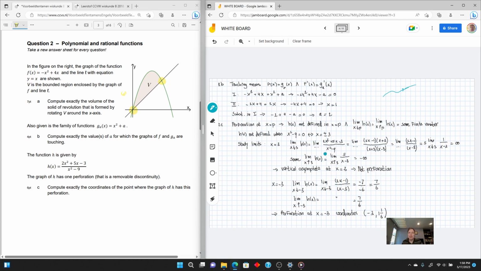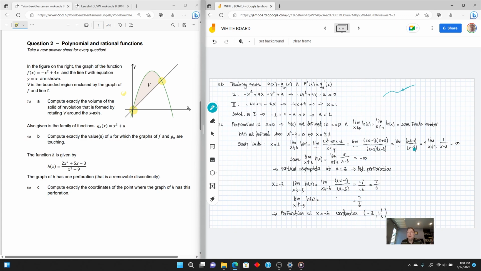And in the same way, you can do this for x is equal to minus 3. Then you get almost the same, but since in this case x approaches from below 3, you get minus infinity.